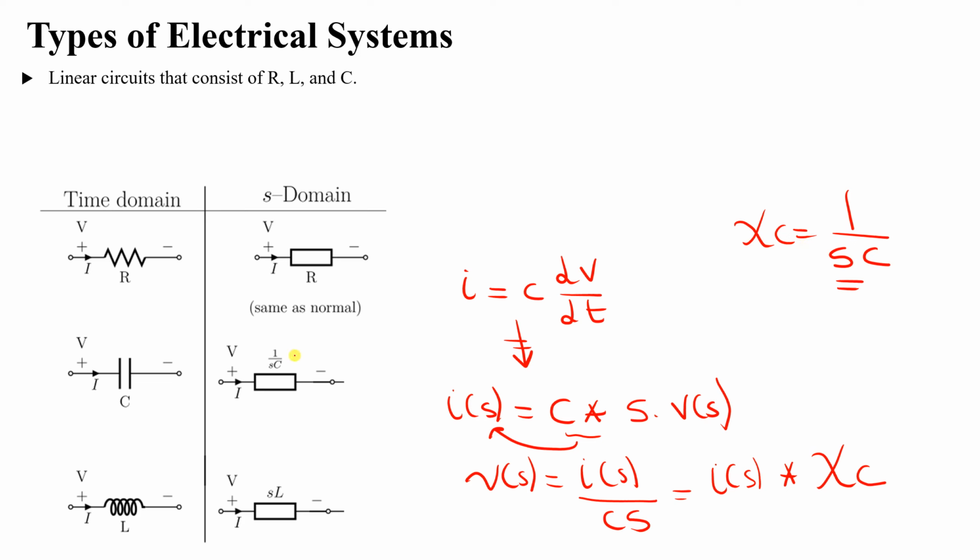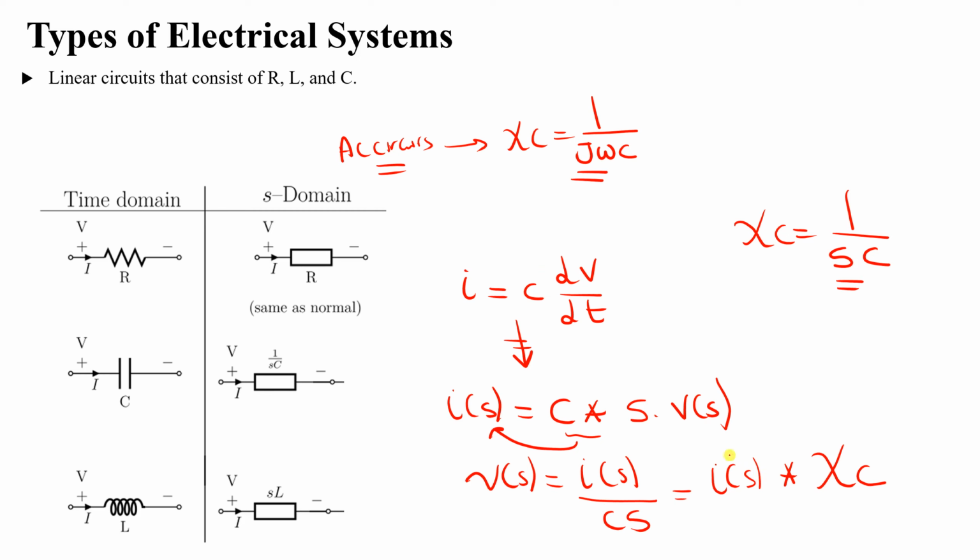That's why, if you remember from the AC circuits course, we said that when we take a capacitance and get its equivalent, it is XC, which is 1 over J omega C. If you remember, this 1 over J omega C came from the Laplace transform.